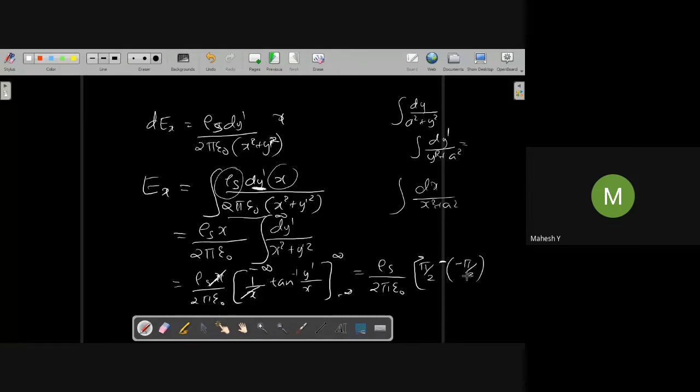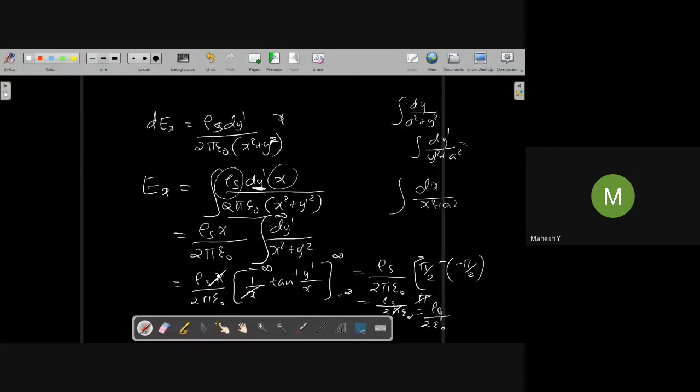So pi by 2 plus pi by 2, that will be pi. So which is rho s by 2 pi epsilon 0 pi. So pi cancels. The final term is rho s by 2 epsilon 0.